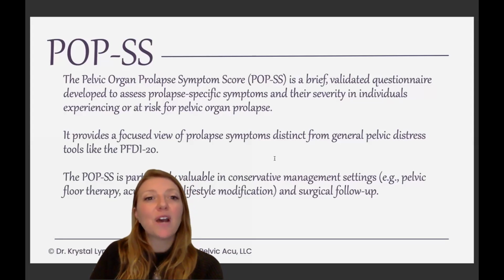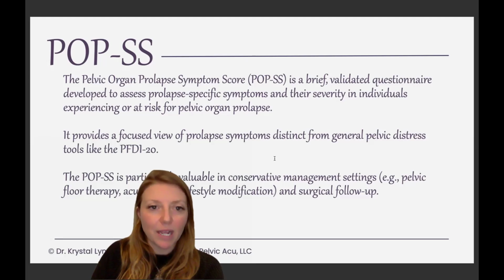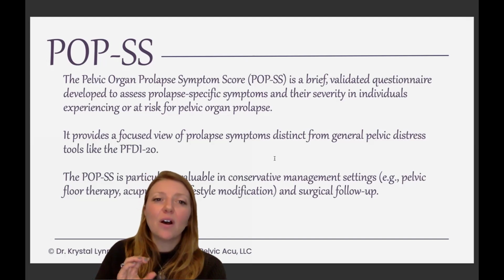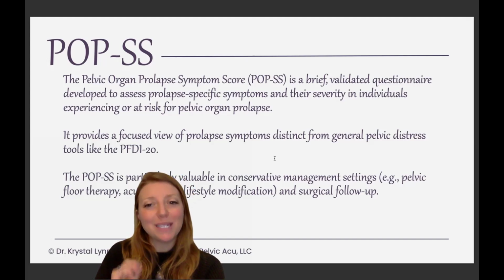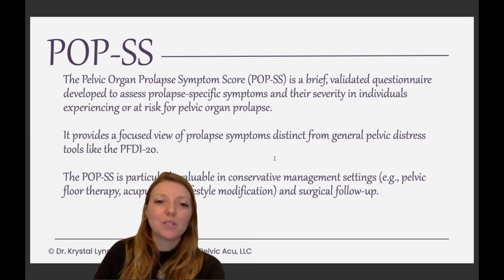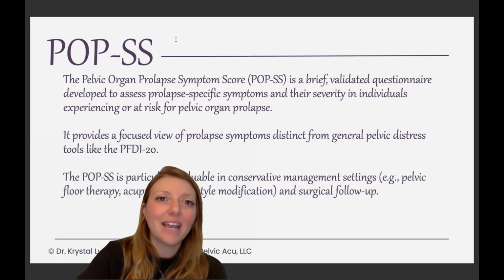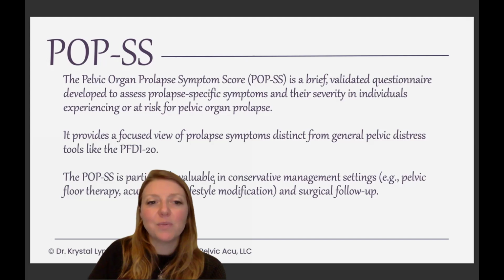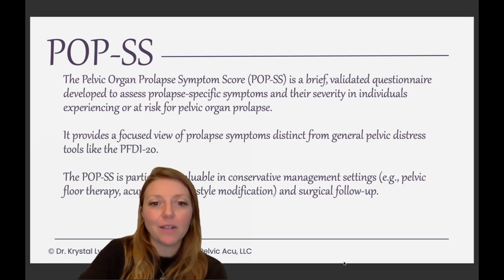So this is a brief validated questionnaire to assess prolapse-specific symptoms and their severity in individuals experiencing or at risk for POP. It is a focused view of prolapse symptoms distinct from general pelvic distress. So that's really important here and can be highly beneficial for clients that are experiencing prolapse and for evaluation.